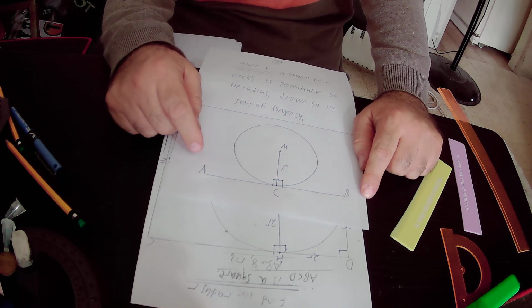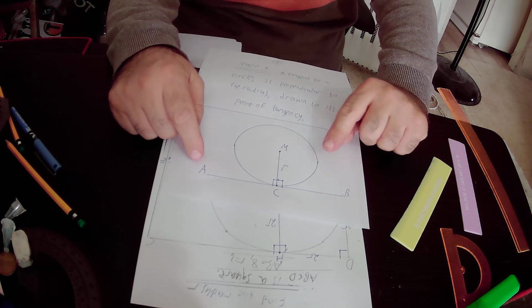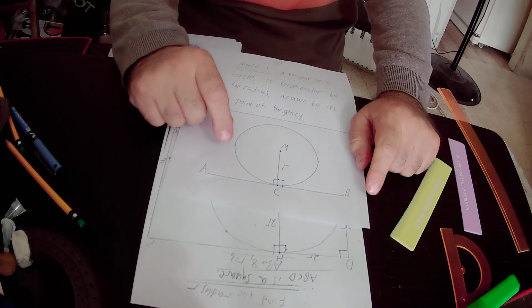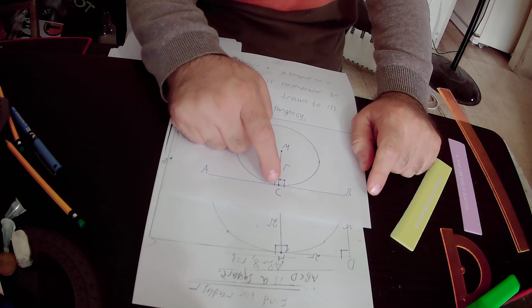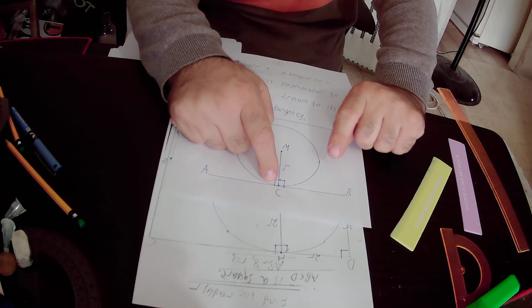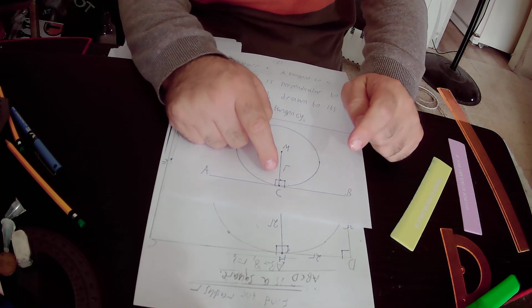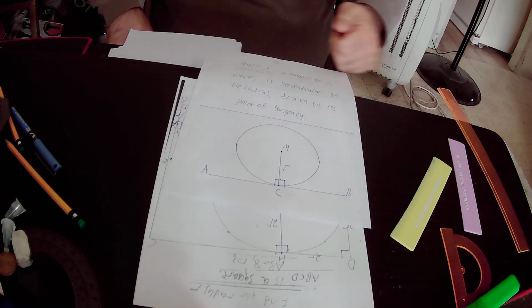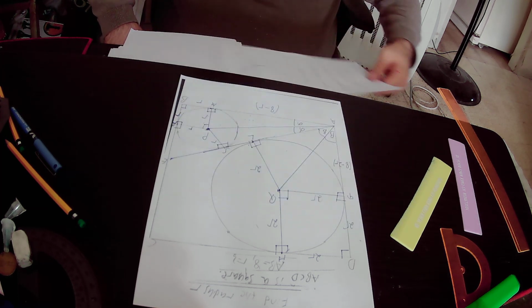Therefore, according to rule number 1, this tangent to this circle is perpendicular to this radius at the point of tangency, that is to say, this angle equals 90 degrees and this angle also equals 90 degrees. So actually that is the meaning of rule number 1.